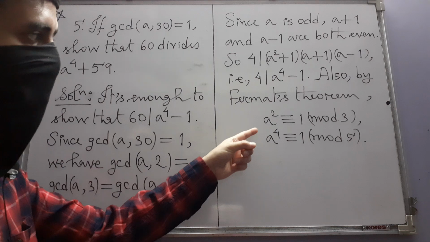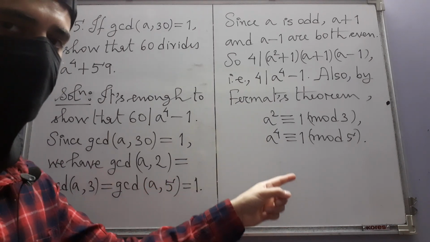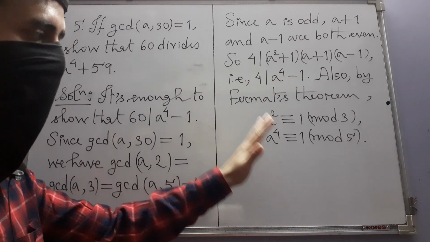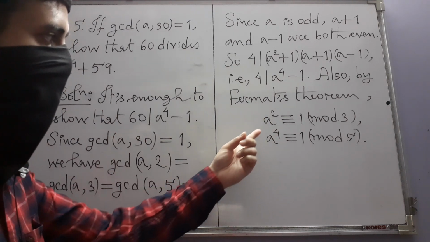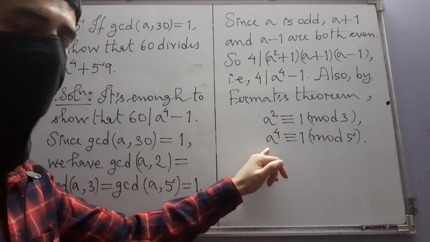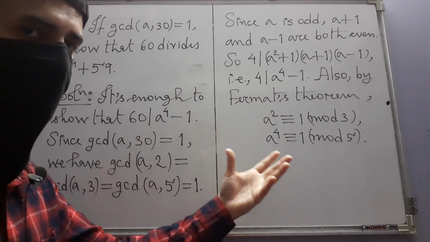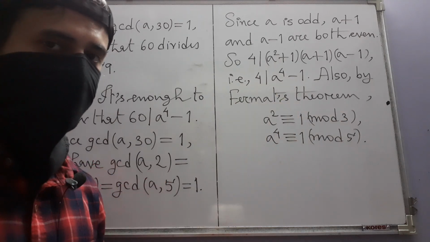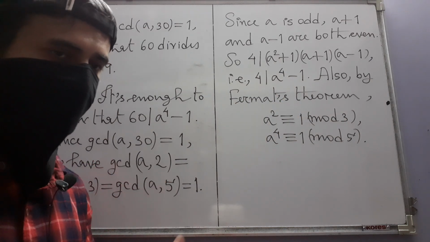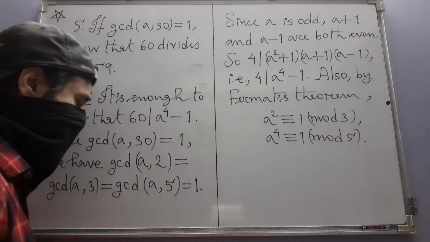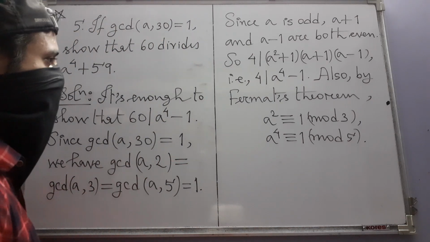However, the original congruence we get from Fermat's theorem are these. These are, however, not true for all integers. The integer that you have as your base of the power in the congruence that Fermat's theorem gives you has to be relatively prime to the prime, or in other words, it should not be divisible by the prime. But anyway, we now have these things.